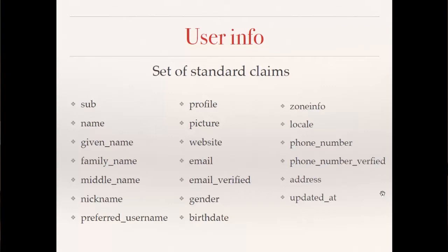You can do it in several different ways. Either you can just return more claims from the user info endpoint. Or you can use scope, you can say, I have the scope which is edu person or something like that, and then I expect to get back claims which are from that set of attributes.